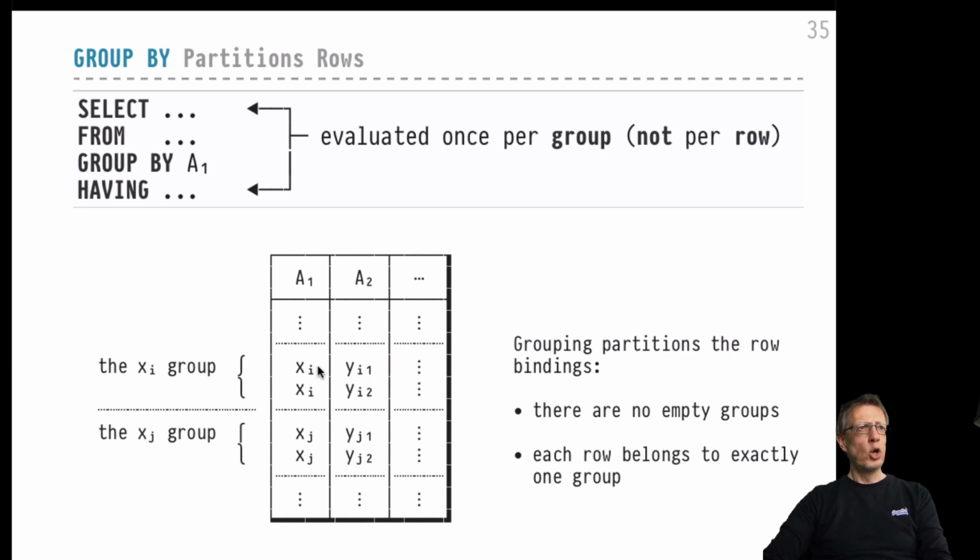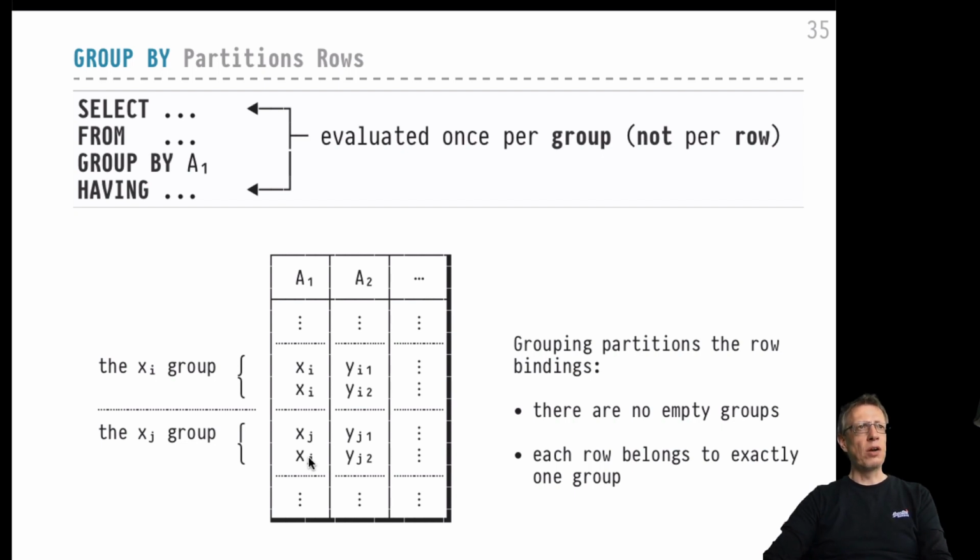And as you can see, all rows agreeing on their A1 value, namely XI in this particular case, form the XI group. All rows agreeing on their A1 value, namely XJ, form the XJ group. There might be more groups here, I've not displayed them for space reasons. Groups may of course have different sizes from 1 to the entire table.